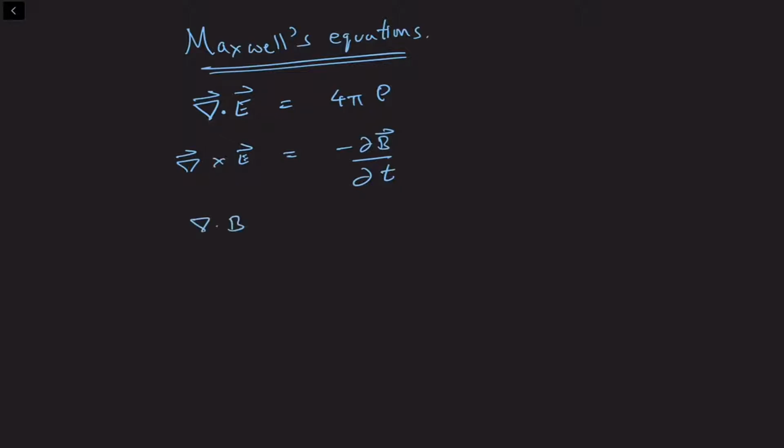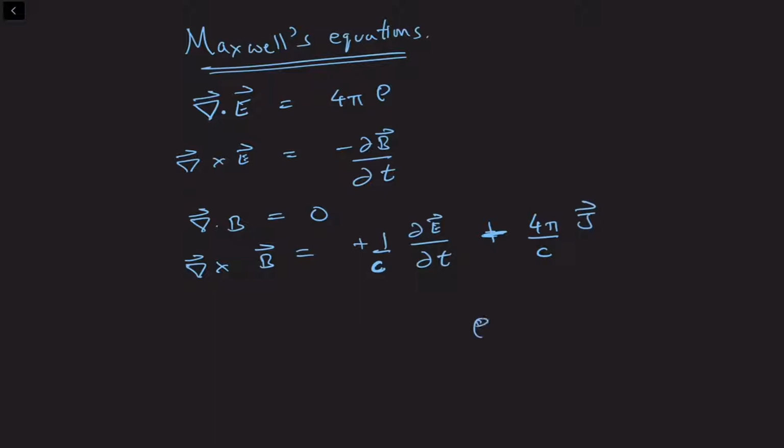Del dot B is 0, and del cross B is plus partial E partial t, and the constant c appears over here, and this is plus 4 pi by c times J bar.